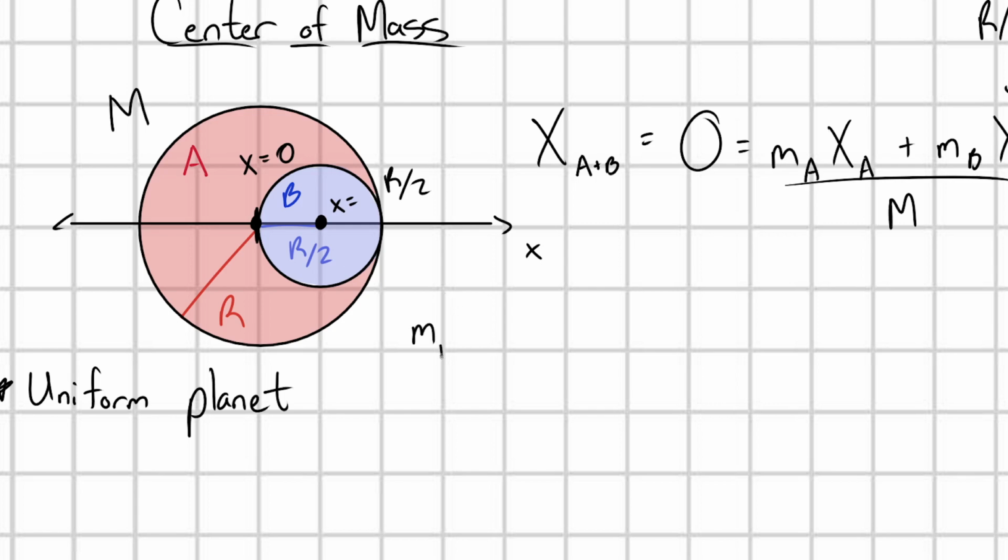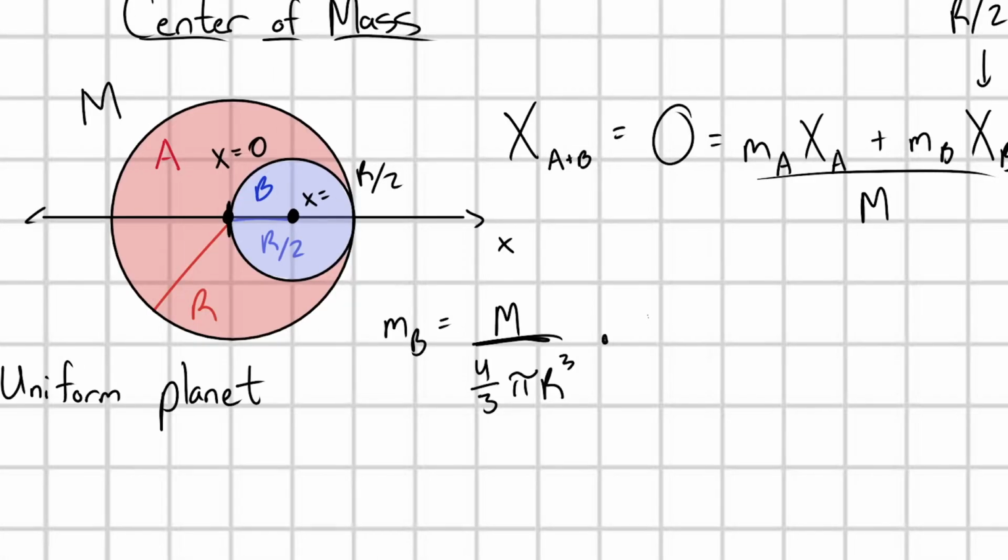So MB is going to be equal to, let's define a mass density by taking this mass capital M here, and then dividing that by the total volume of this totally spherical planet. So that's 4/3 pi times capital R cubed. And now you take your mass density, this being a uniform planet, and you multiply by the volume of subsystem B to get its mass, right?